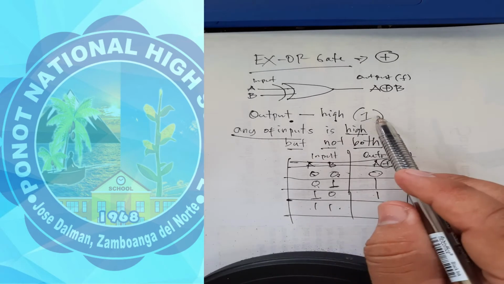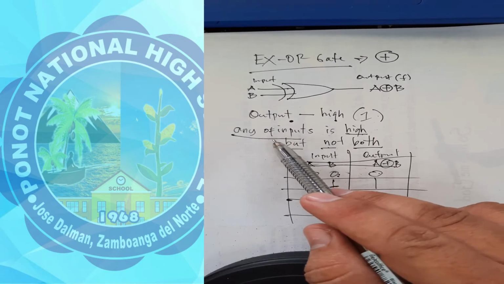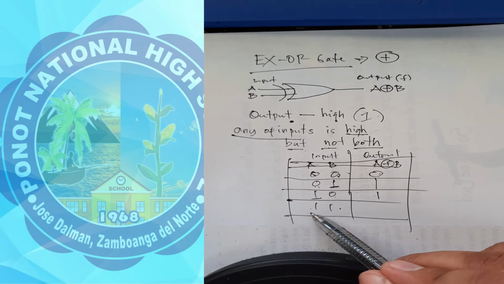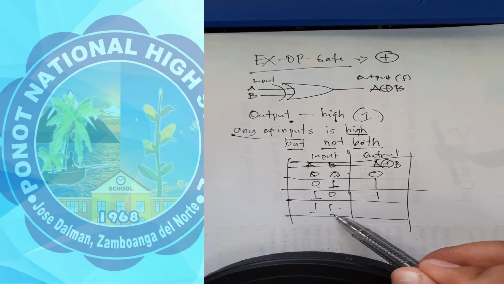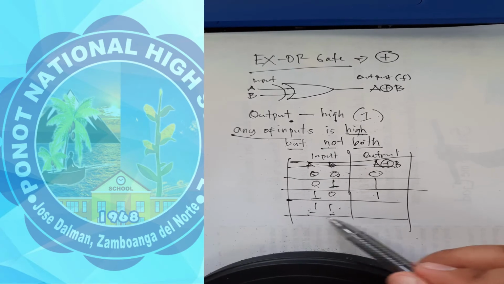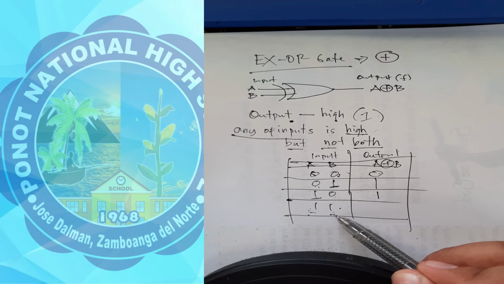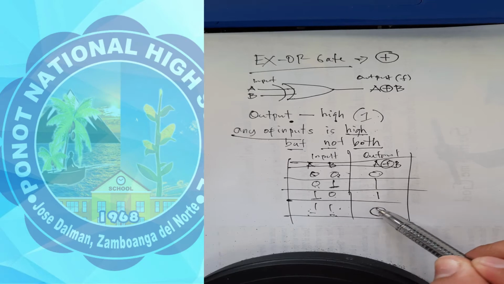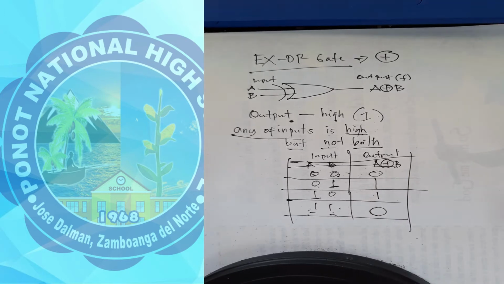Magbibigay lang siya ng 1 kung any of its inputs is high, but not both. But this one, input A and B is 1, 1, meaning A and B are both logic 1 or high. So, what will be the answer? The answer is 0.